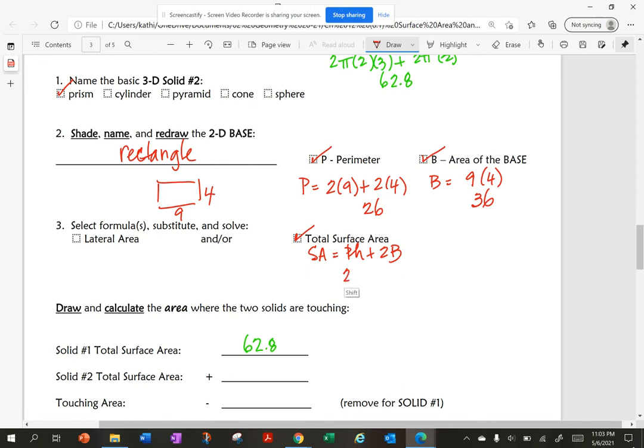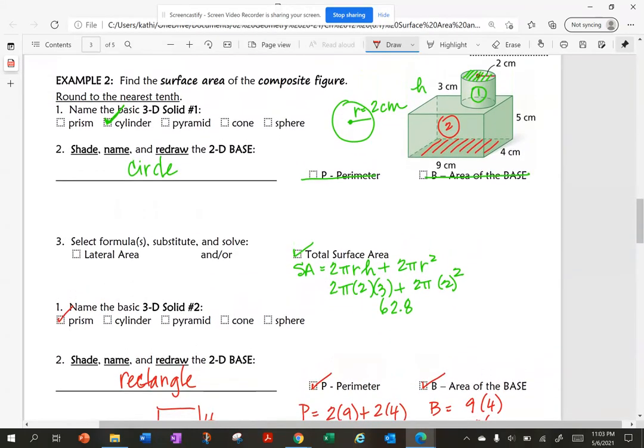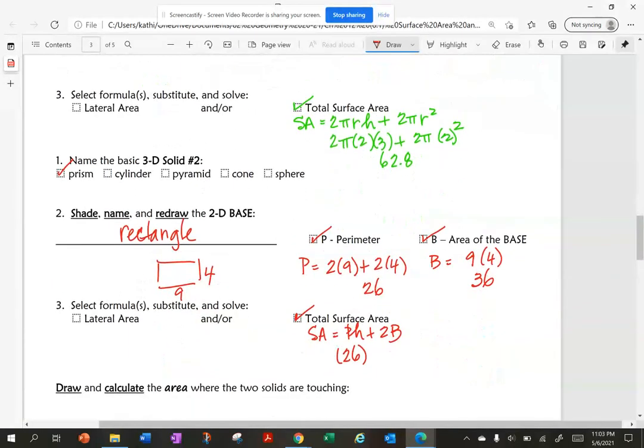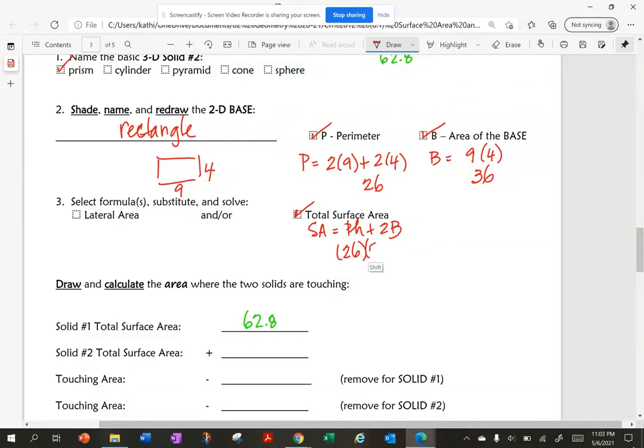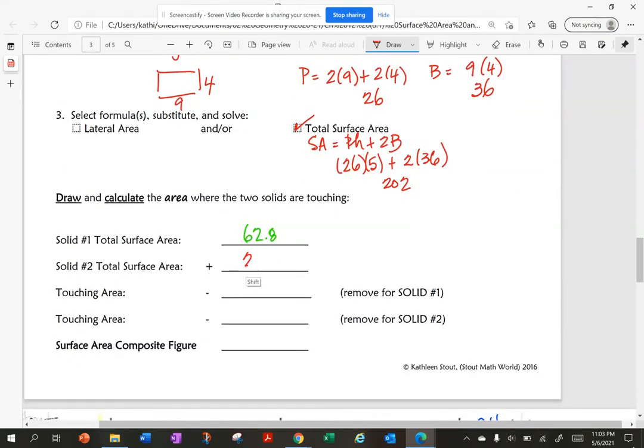My perimeter is 26. What's the height of my prism? So the height of my prism from base to base here is 5, plus 2 times 36. So this is a surface area of 202. So that is my second figure.